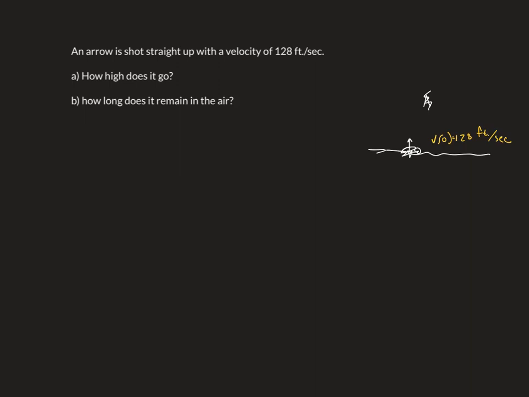Okay, so again, we can start by saying we know that acceleration is negative 32 feet per second squared. And so that means that velocity is going to be negative 32t plus c. But this time our initial condition is a little bit different.